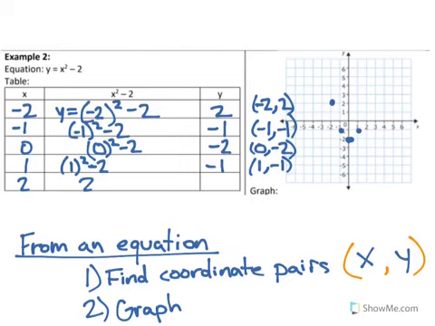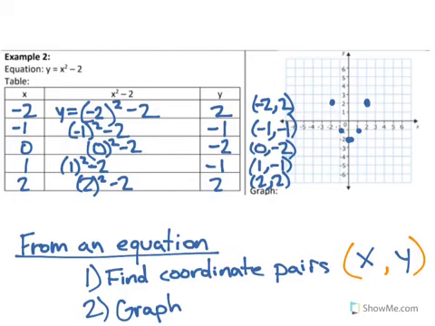And then we have 2 squared minus 2. 2 squared is 4, minus 2 is 2. So our last point, remember we were working on generating coordinate pairs, is the point (2, 2). So right 2, up 2, and our last point is right there.